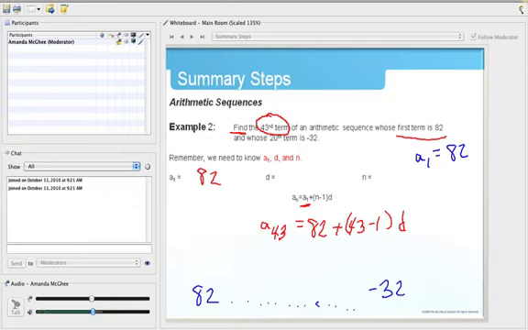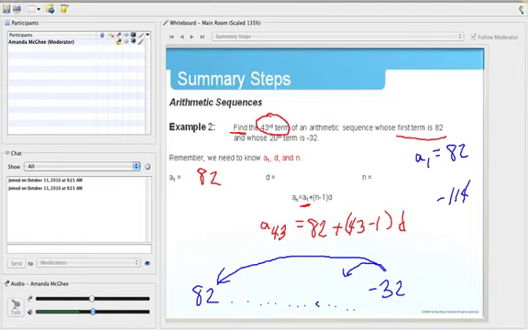Remember, to find the common difference, we subtract any term from the term behind it. Well, we don't know that term, but let's go ahead and subtract this. Negative 32 minus 82 gives us negative 114. Everybody follow?